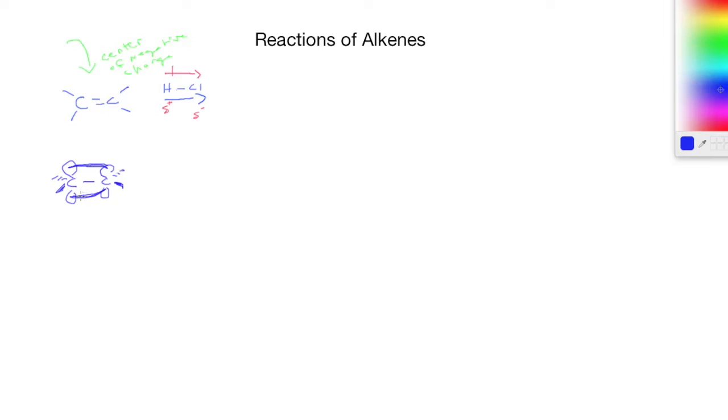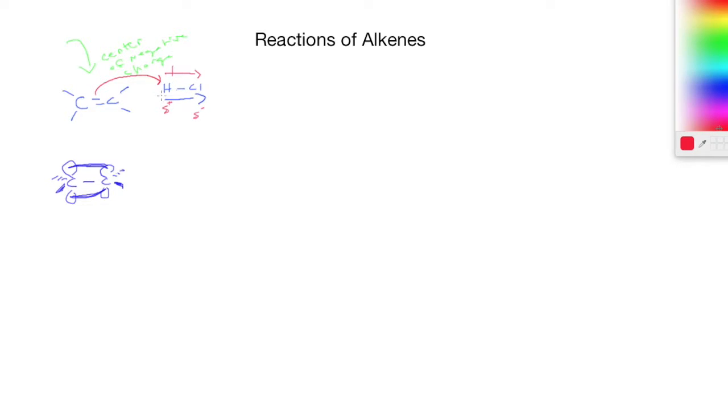This is our pi bond that's here. It's this pi bond that we're going to have attacking this center of positive charge, which is over here by this hydrogen. So if we were to come back now and draw an arrow, we would draw the arrow from the center of negative charge, which is this area right here. And so this guy is going to go and pick up this hydrogen that's right here.